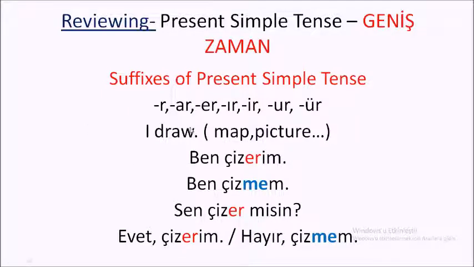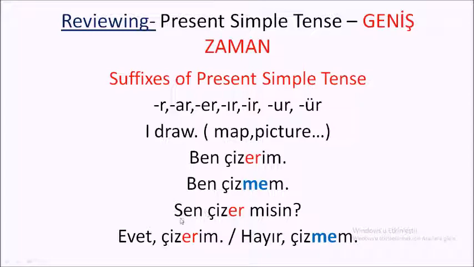So that's why we don't use here any ing form. For example, I draw maybe a map, picture, blah blah blah. So in Turkish we say for this, ben çizerim. Ben çizmem. M here in the blue shows the negative form of the verb itself.